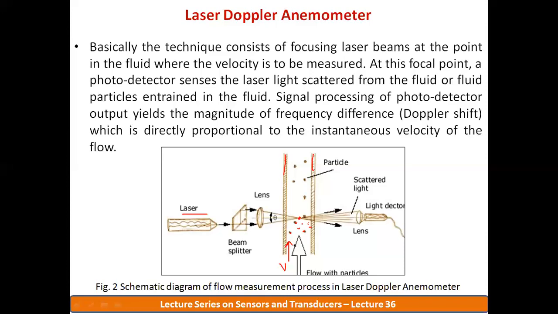Due to the flowing particles, light is going to get scattered. From the other end, if you detect the light reflected by the particles, the light is getting scattered due to the flow of the particles.